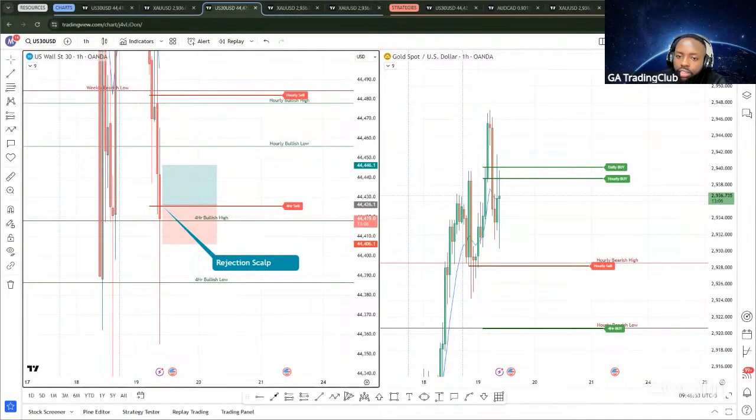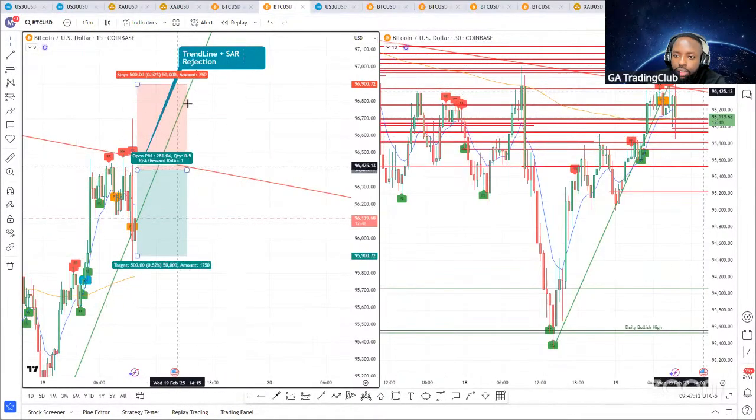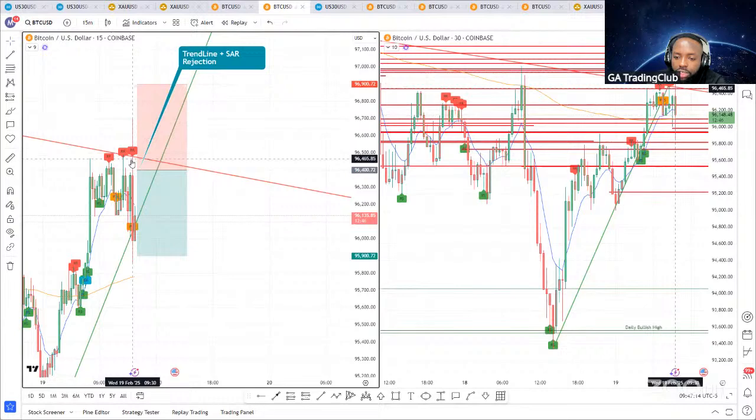All right, so I'll share the other chart. So here, let me share the other chart. All right, so this one for BTC, we have a trend line rejection, so rejection resistance.